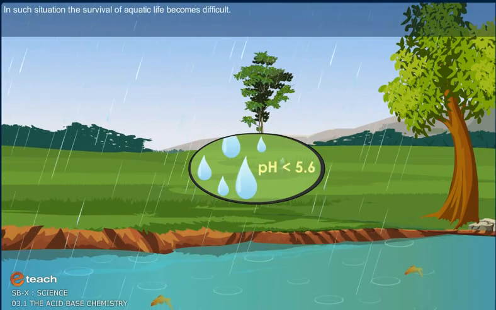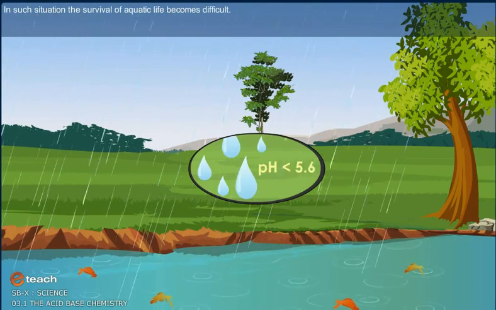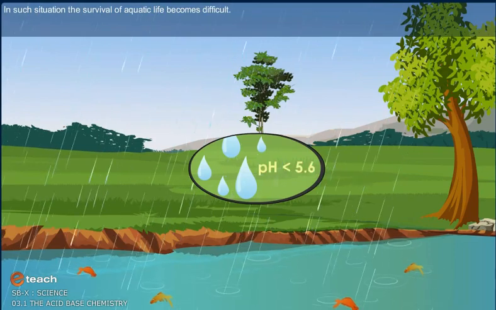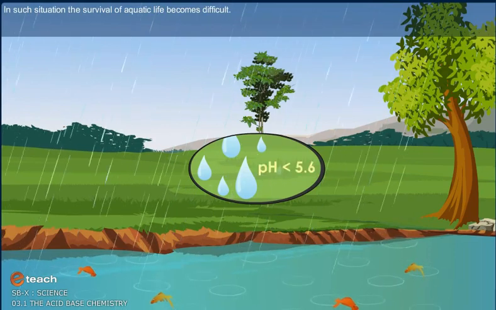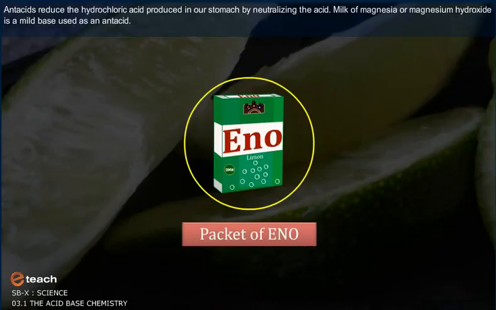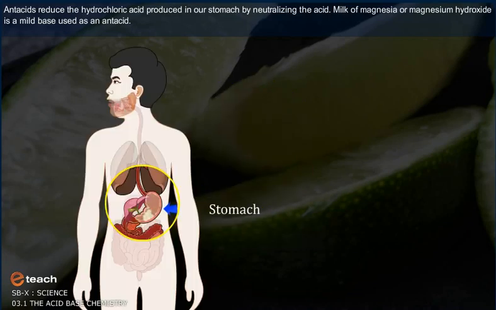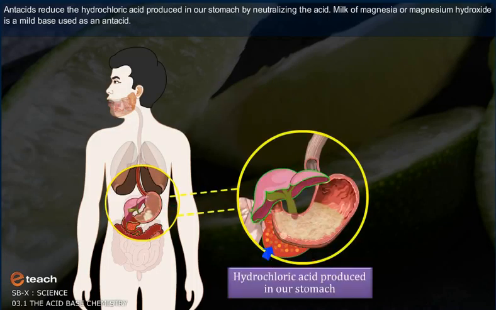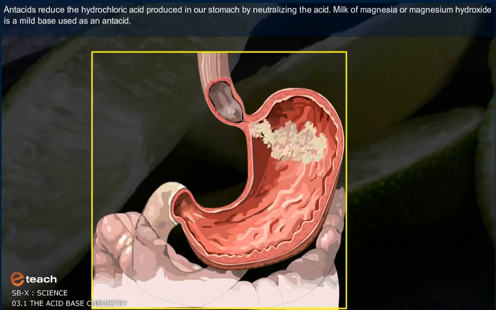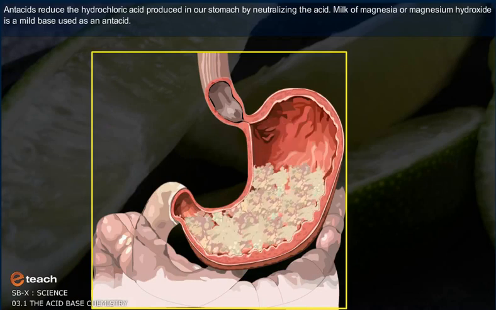In such a situation, the survival of aquatic life becomes difficult. Antacids reduce the hydrochloric acid produced in our stomach by neutralizing the acid. Milk of magnesia or magnesium hydroxide is a mild base used as an antacid.